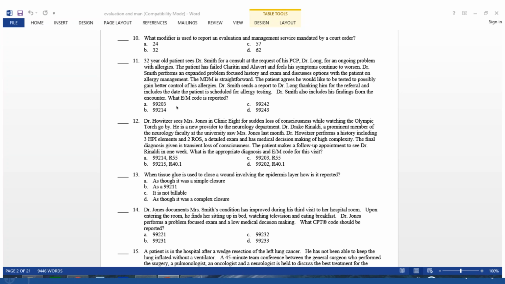Because in order for me to use 99243, it would need to be saying detailed. It's not saying detailed. It's saying expanded problem focus, history, and exam. And then he discusses with the patient options on allergy management, right? What's the medical decision making, or the MDM? They say the MDM is straightforward.